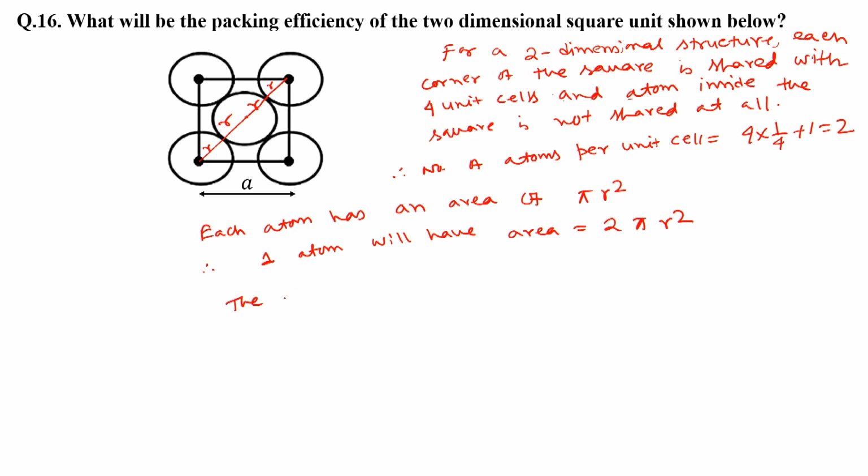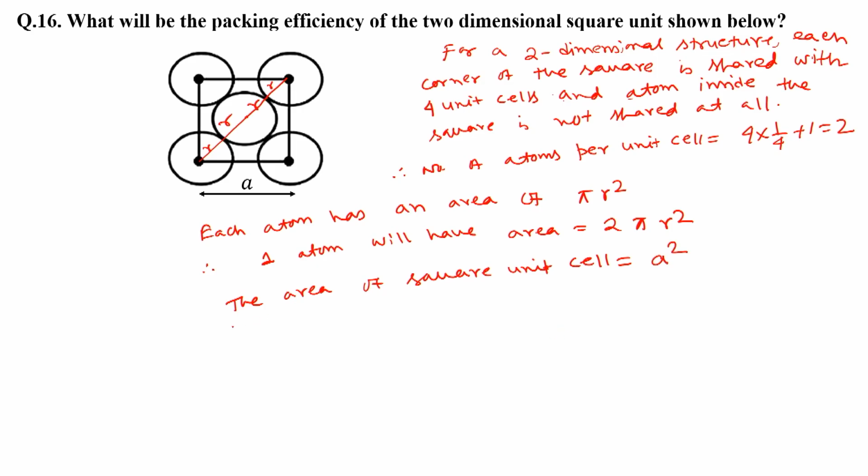Now the area of the square unit cell: this length is given as a, so the area of the square unit cell is a square.